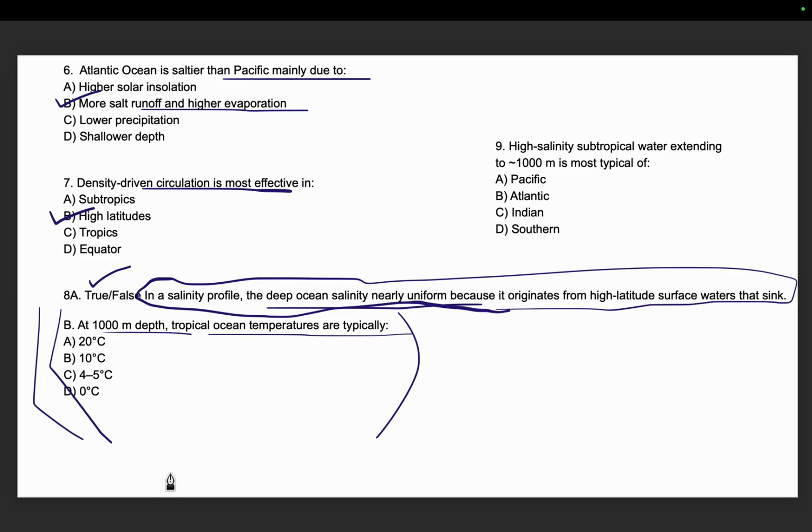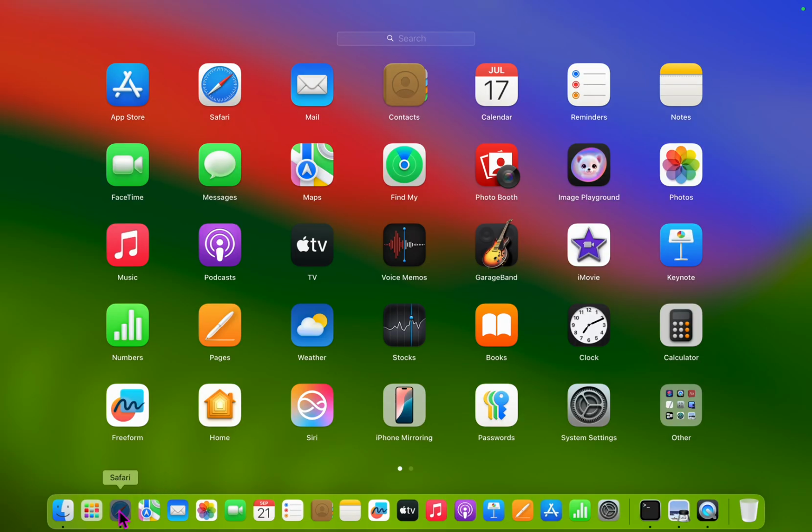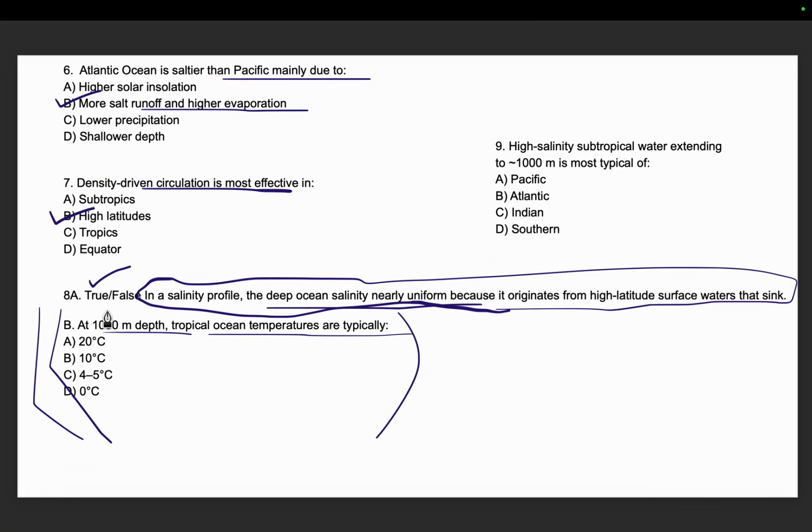This becomes 4 to 5 degrees Celsius. When the thermocline ends and the deep layer starts, in the tropical region you will find a temperature of about 4 to 5 degrees Celsius. But in the polar region, you will find 0 degrees Celsius.